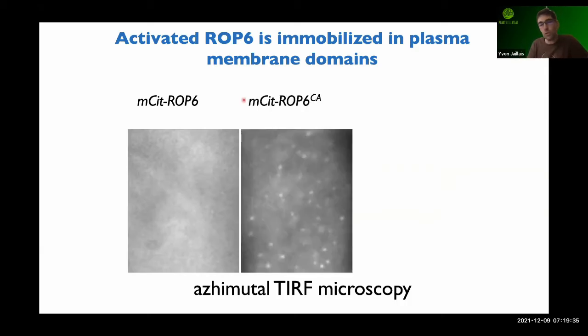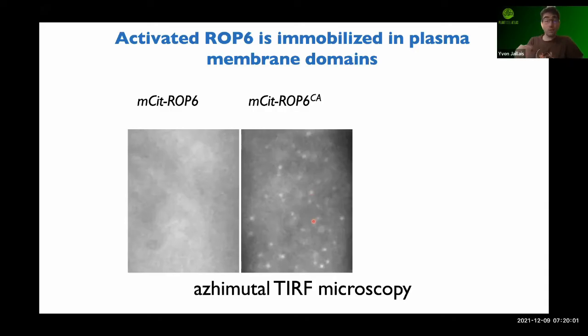However, when you look at the constitutive active ROP6, we had a different image, because now ROP6 was found in these small domains here. These domains are at the plasma membrane. They are not moving. They are very stable. And we think they are a regroupment of constitutive active, GTP-loaded ROP6.